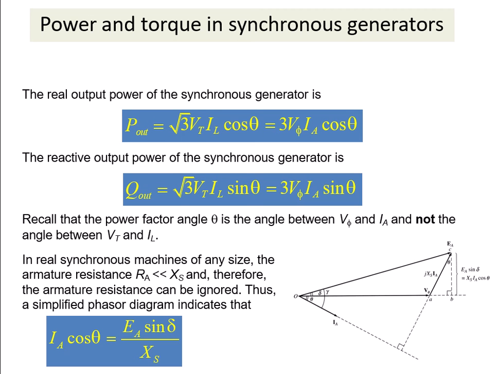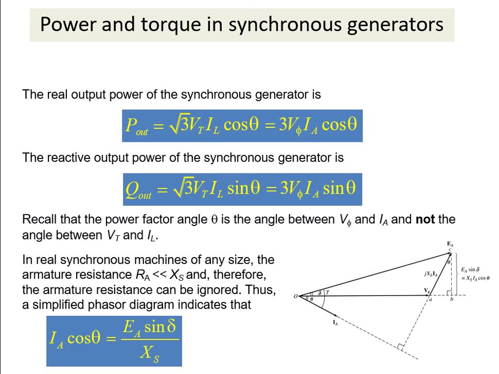So these are the real and reactive power of the synchronous generator. Recall that the power factor angle theta is the angle between V phi and IA, and not the angle between Vt and IL.